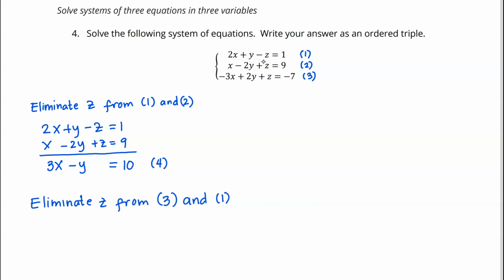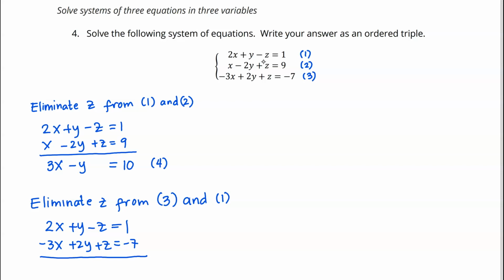Eliminate the same variable. So I'll copy equation 1, 2x plus y minus z equals 1. And then the third equation is -3x plus 2y plus z equals -7. And then you add the 2 equations.